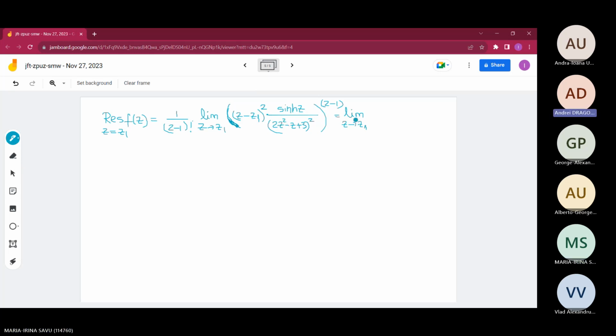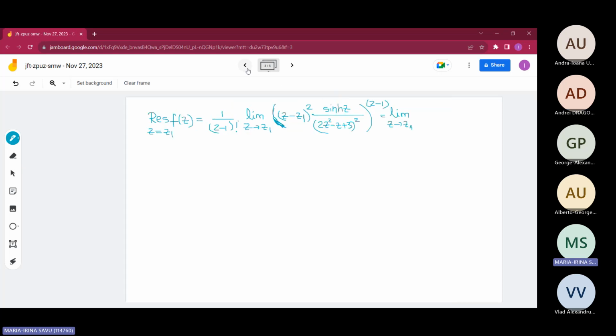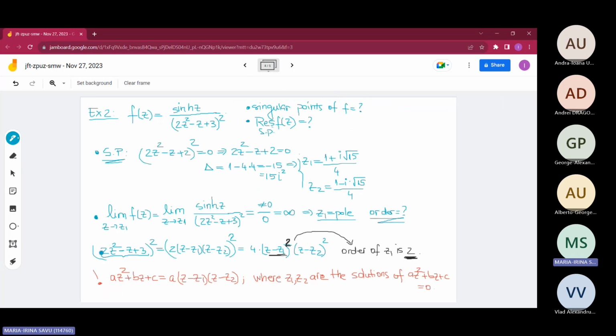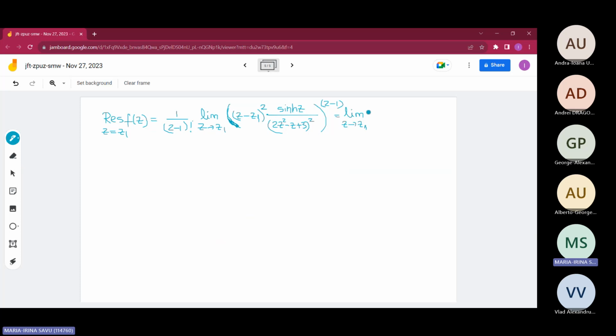We applied the formula from before. Exactly. You have to use the fact that this denominator is given by this expression, and I'm going to write here (z minus z1) squared times hyperbolic sine of z over z squared times (z minus z1) squared times (z minus z2) squared.